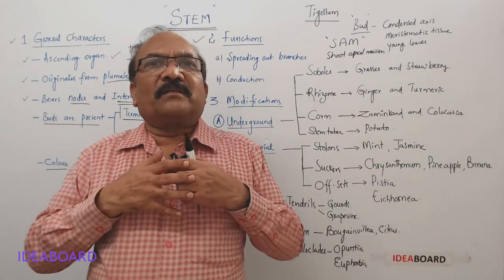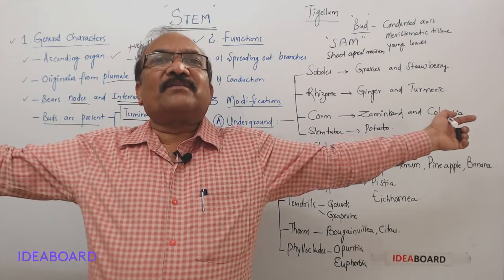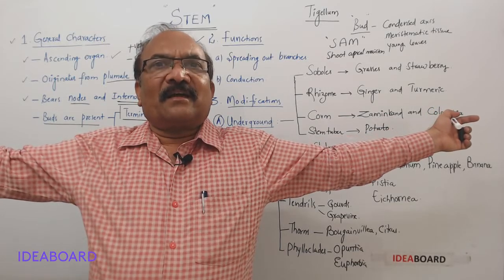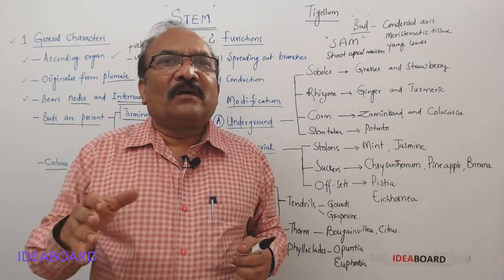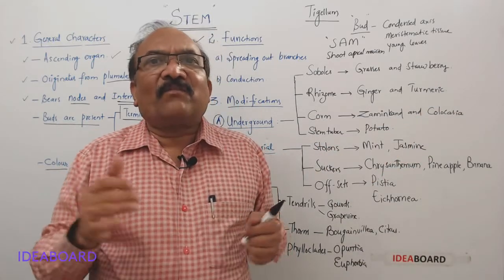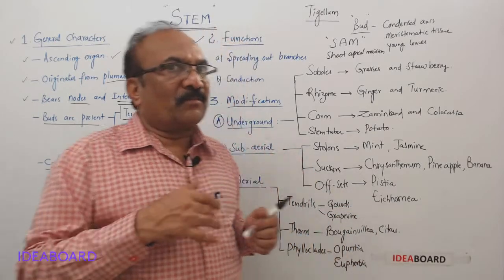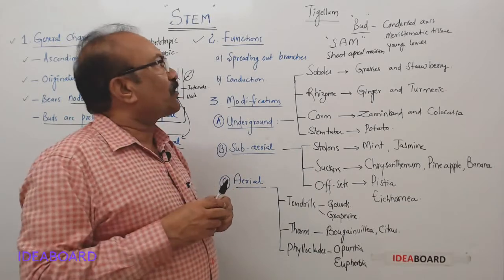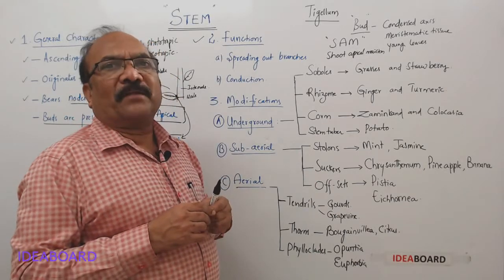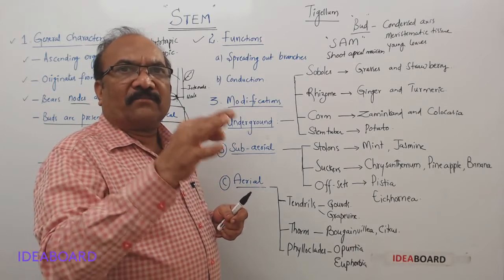It is distributing all branches in all directions to get sufficient light. This arrangement is also to avoid overlapping of the branches. So that is the main function of the stem: spreading out the branches, bearing leaves, flowers, fruits.